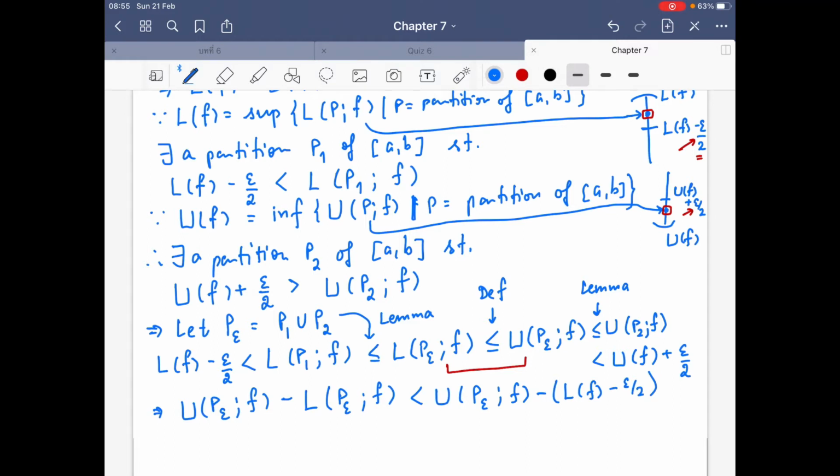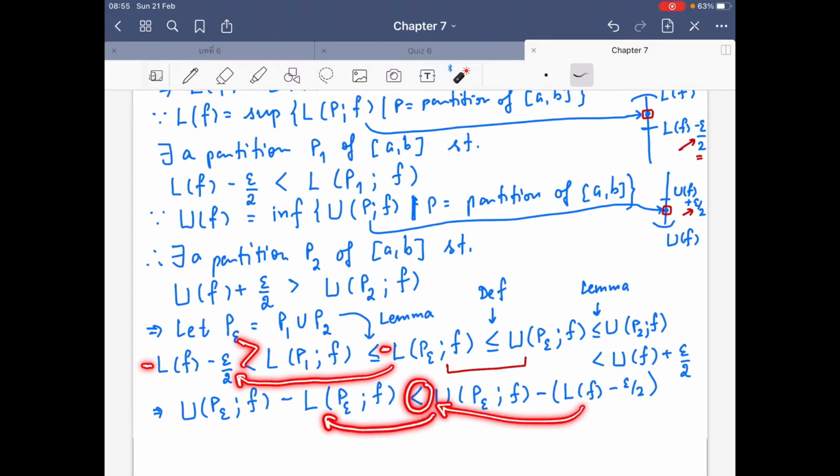You first use this relation, but with multiplication by a subtraction, so the inequality goes the other way around. This one is bigger than this negative.